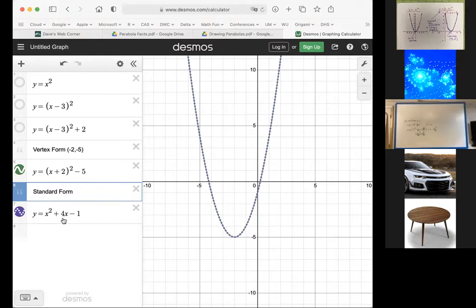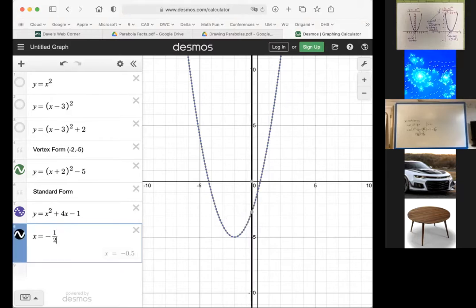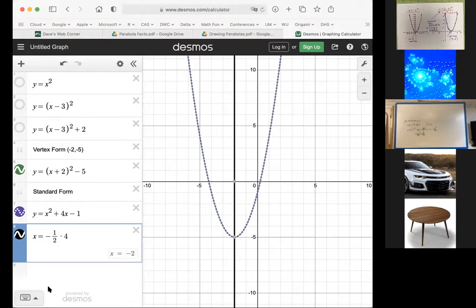I will take -1/2 times b. -1/2 times b will give me the vertex. -1/2 times 4 is -2. That's exactly the center of this thing.